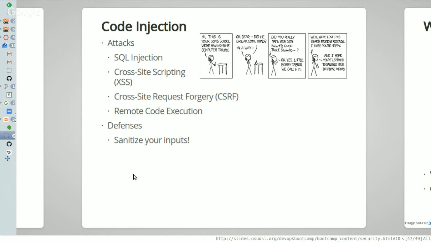So really the secret there is just to not have admin privileges on anything, but that's of course also not possible necessarily. So yeah, cross-site request forgery is kind of a nasty attack.